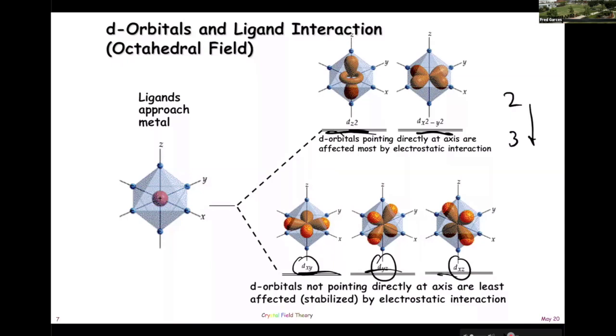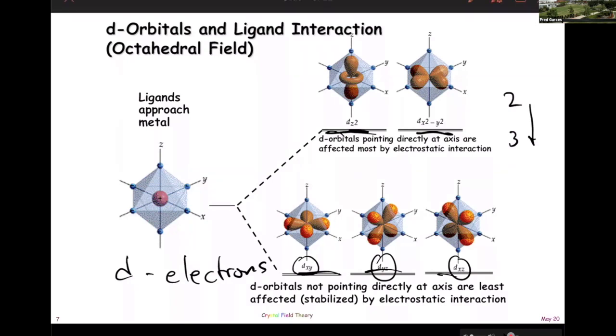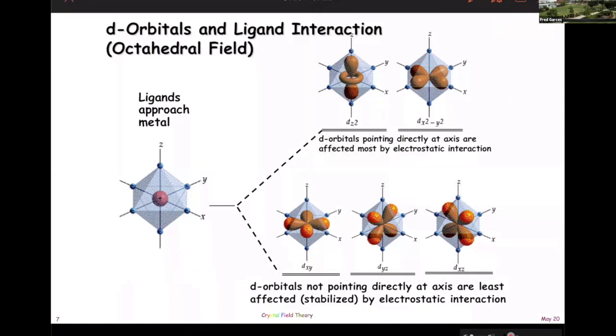Okay. So why is that important? Because now what you have is d electrons. Depending on how many electrons you have, the electrons are going to first fill the lower energy orbitals. That would be a d1. That would be a d2.